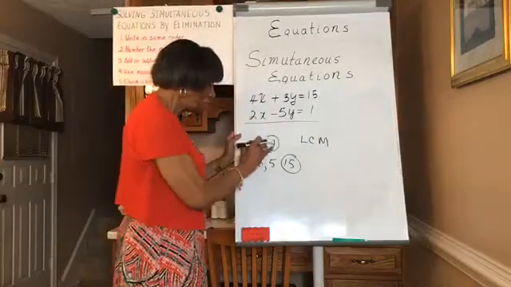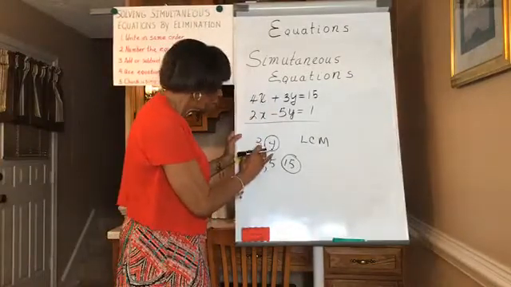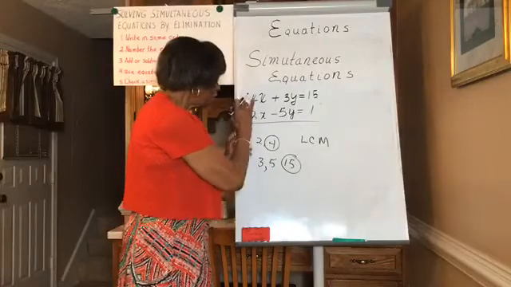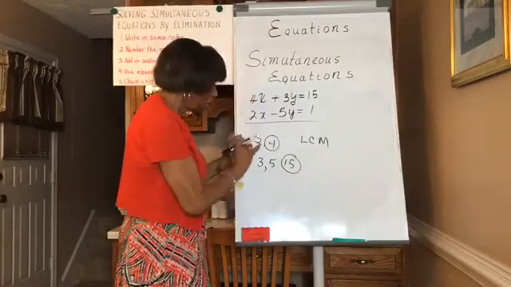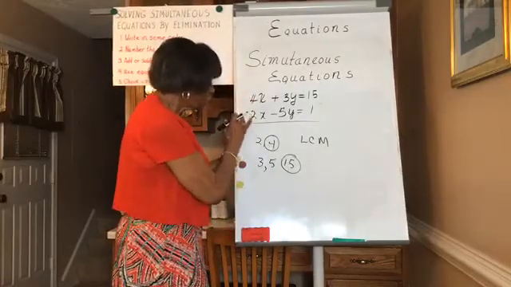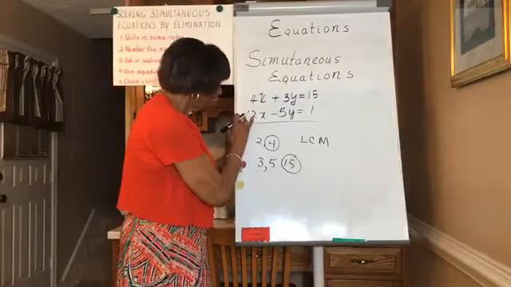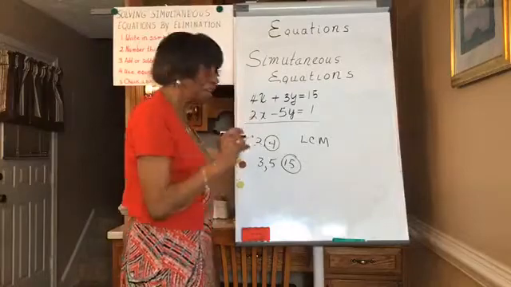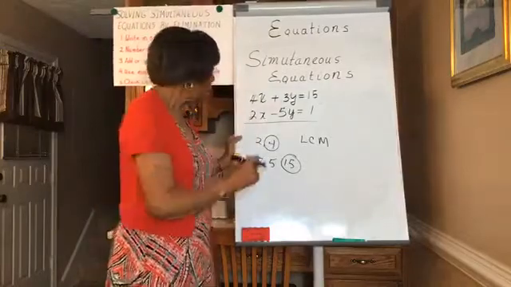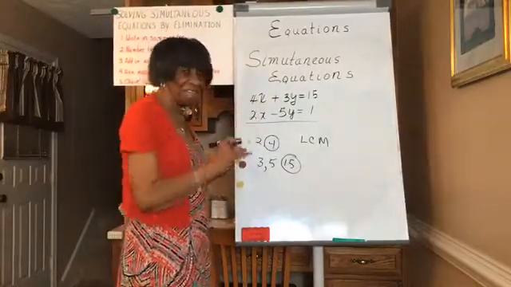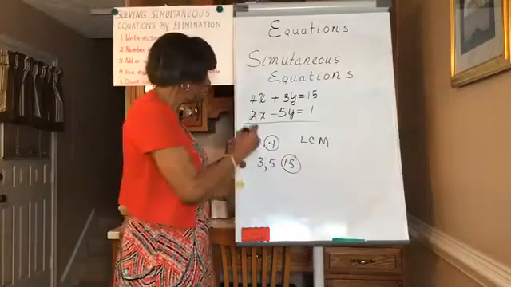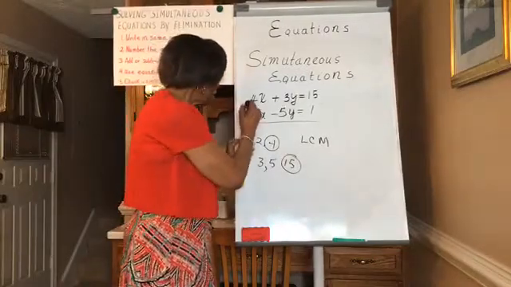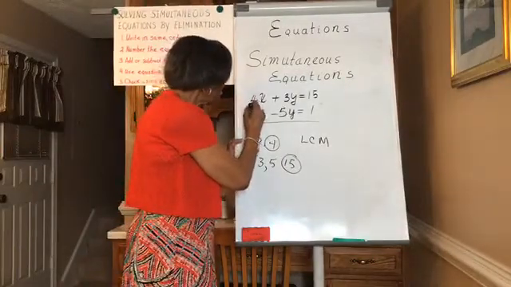On the other hand, if I use this one, this equation is okay, because I can make this 4 by multiplying the whole equation by -4. Why do I use -4? Because I want the signs opposite so that I can add. Okay? So I'm going to multiply everything by -4.